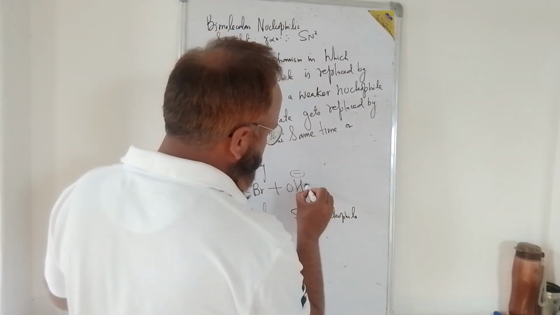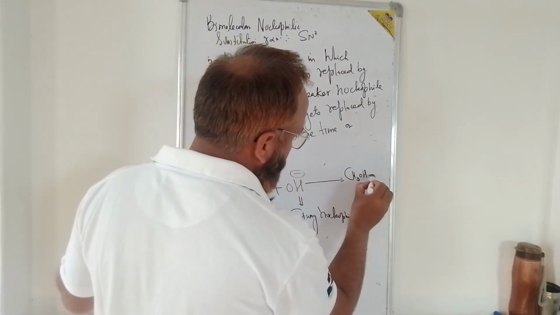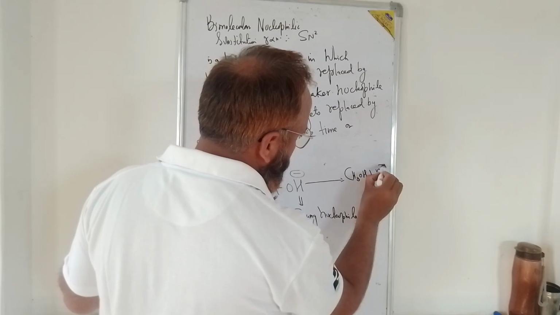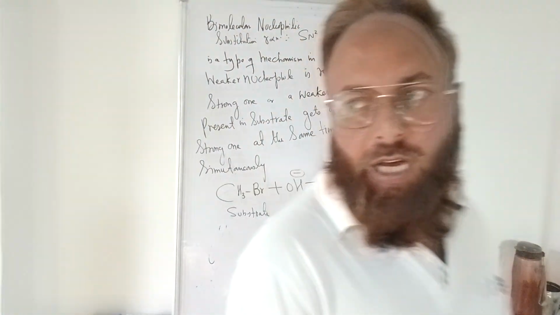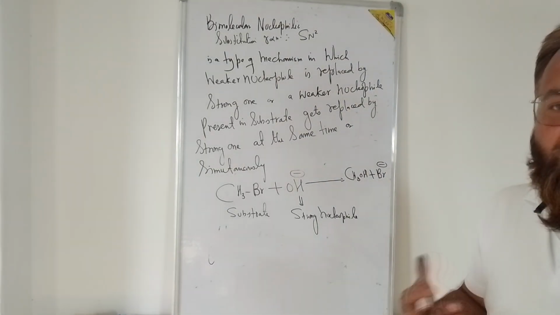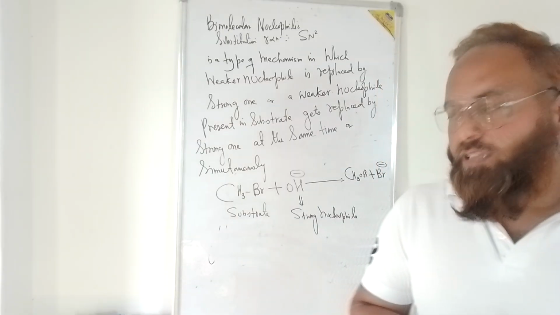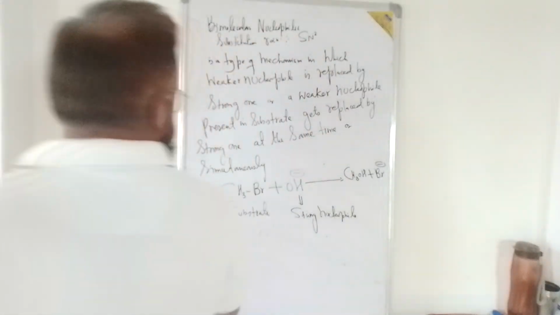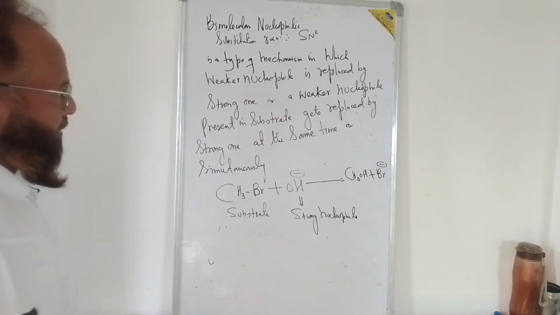And the product is CH3OH plus Br. Now, what type of mechanism, what type of format I will show here so that SN2 is defined. So write down, this is overall a bimolecular nucleophilic substitution reaction, or SN2.